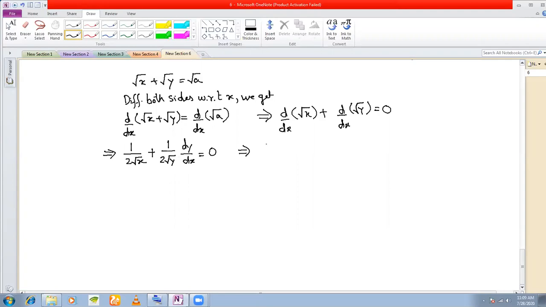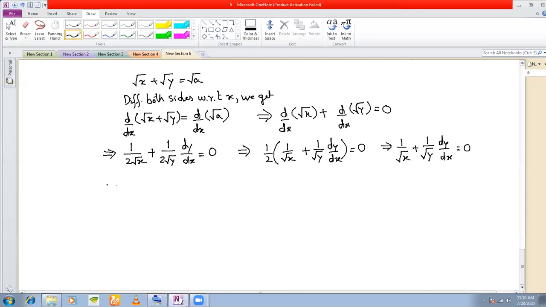Now differentiation is done. Half of 1 by root x plus 1 by root y dy/dx is equal to 0, taking half common. That means 1 by root x plus 1 by root y dy/dx is equal to 0.